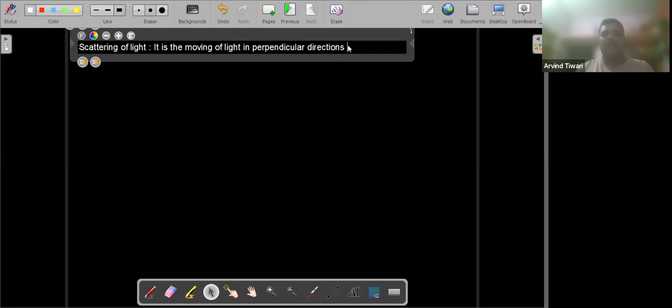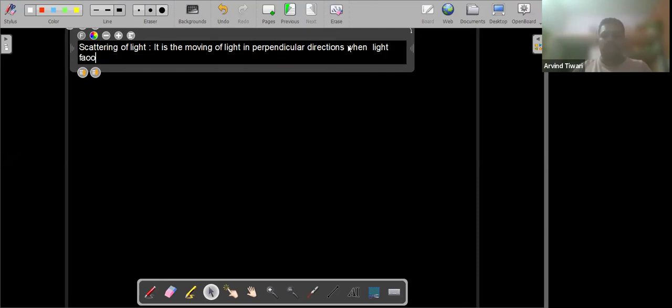The moving of light into perpendicular directions when light falls on particles of size approximately the wavelength of light.